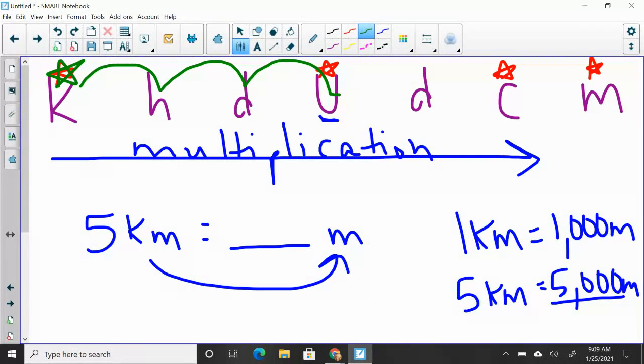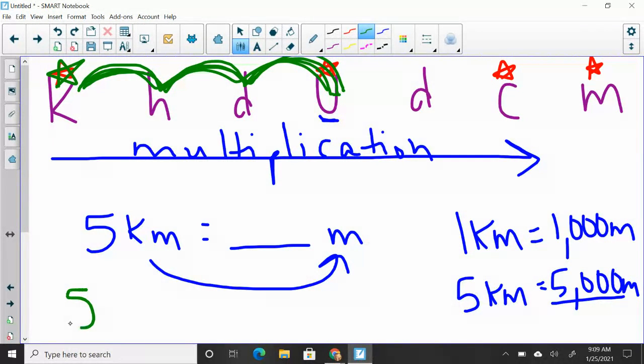Okay? So I am jumping 1, 2, 3 places, or that's like in our number system, times 10 times 100 times 1,000, because each place value is 10 times greater than the one before it. So I am really hopping 3 times, or I'm multiplying by 1,000.